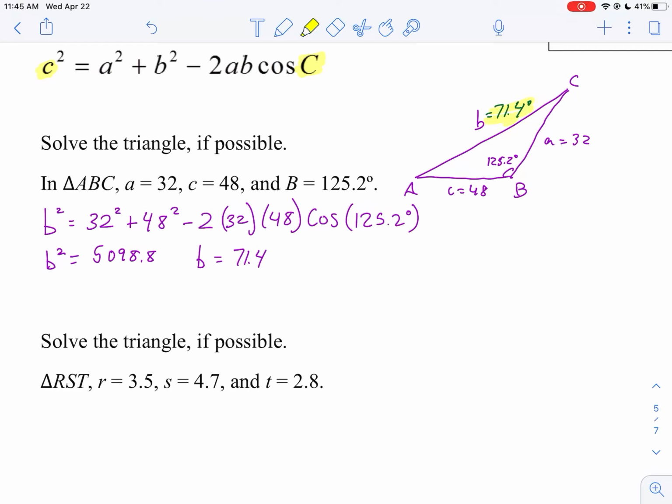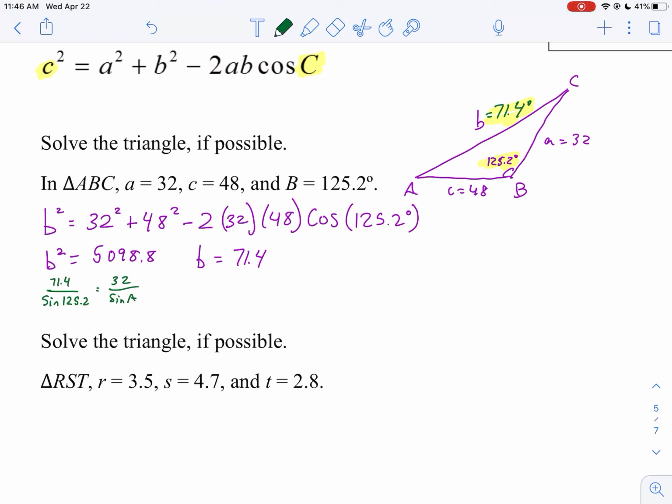Now that we have a pair, an angle and a side, the law of sines is going to work pretty good here. We have 71.4 divided by the sine of 125.2 equals, I'll go ahead and find A, 32 over the sine of A.